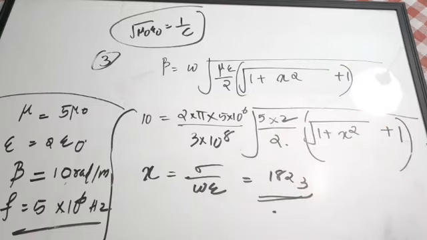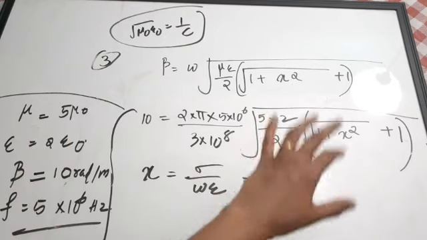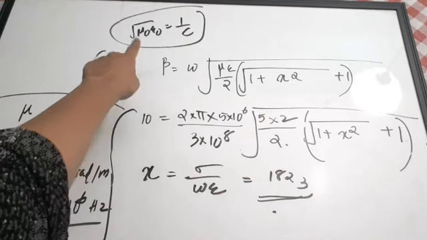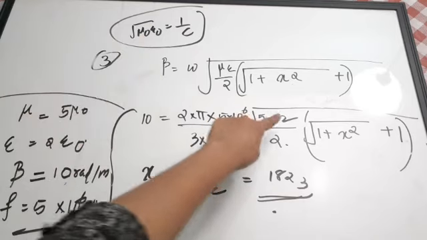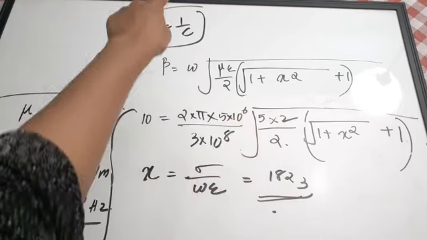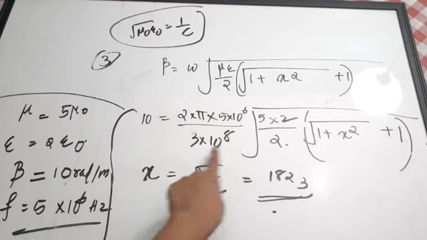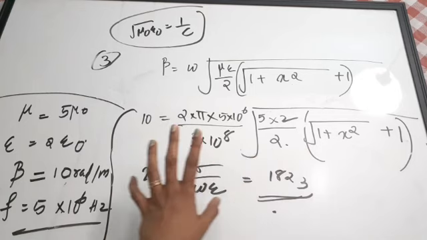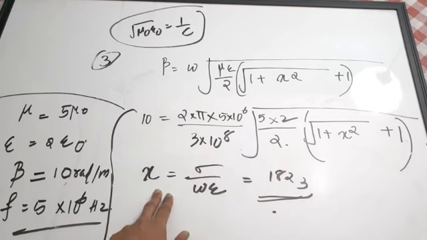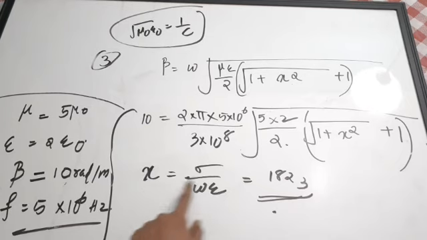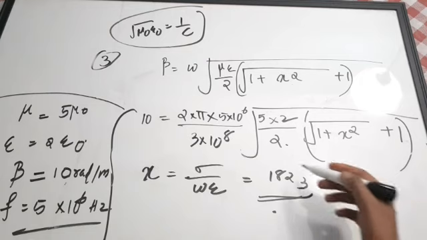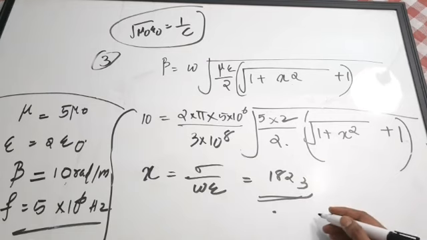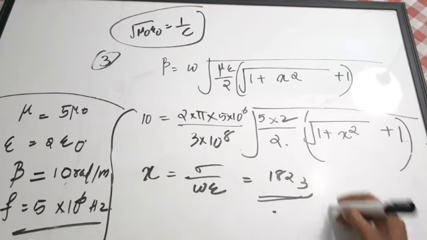The remaining variables are given in the question directly, so we have substituted them as they are. Also, we have taken the square root of mu 0 epsilon 0 as 1 by c and written it here. Other terms are as they are, and we have found the value for x, which was sigma by omega epsilon, as 1823. So the correct answer here is option B.